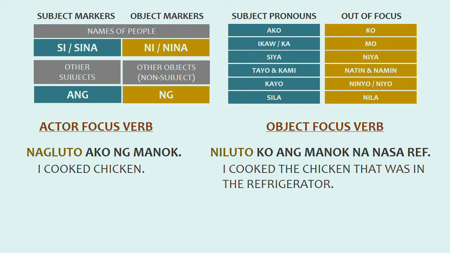Why? Because when using object-focused verbs, the receiver of the action is the subject in the sentence. As you can see, we used ang for manok, a subject marker, so you can tell that in this sentence, the receiver of the action, ang manok, the chicken, is the subject in the sentence.